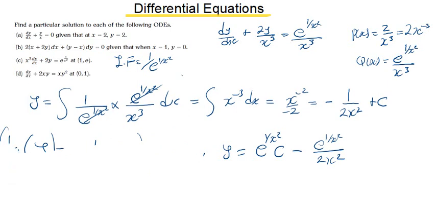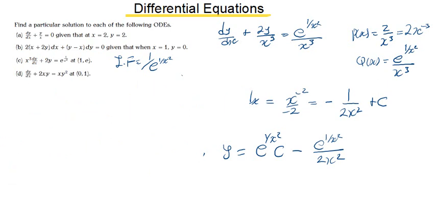So from that general solution, we have to come up with a particular solution. We're just going to substitute. We are told that y is equal to e when x is equal to 1. So I'm going to put e in place of y.